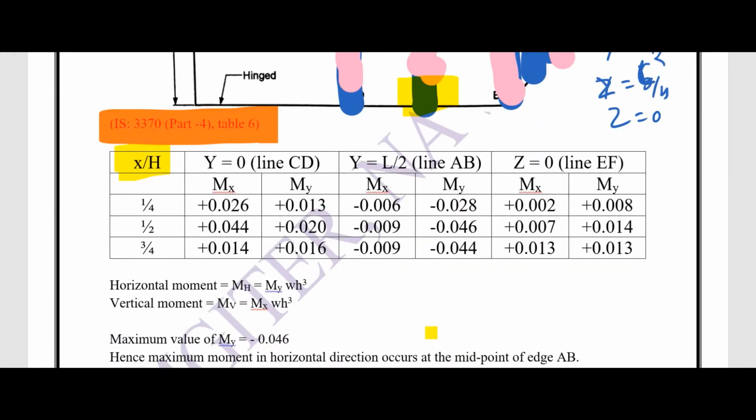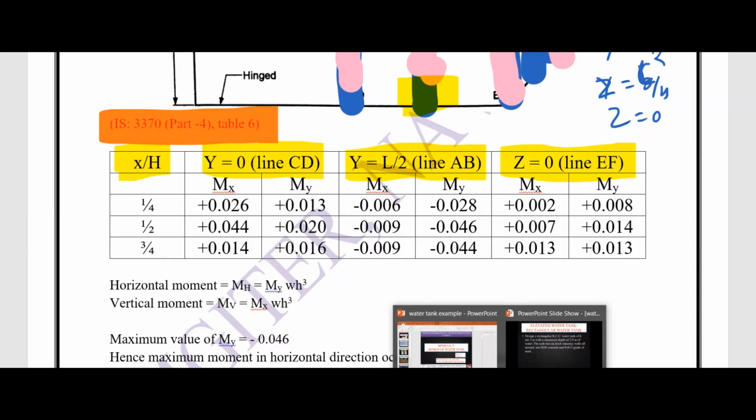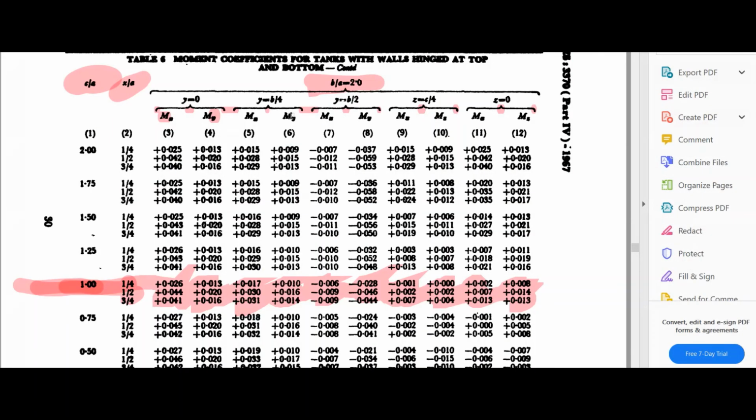But we don't require all these things. We require the Mx and My values at y equal to 0, y equal to l by 2, and z equal to 0. So y is equal to 0 here.